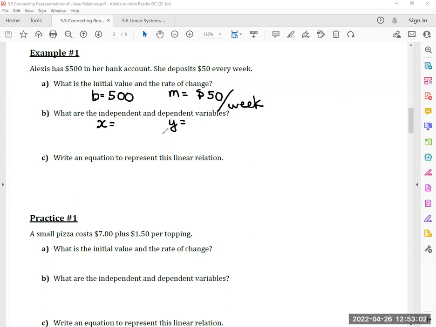If you are having trouble figuring out what the X and the Y is, do you remember that rate of change is the change in Y over the change in X?